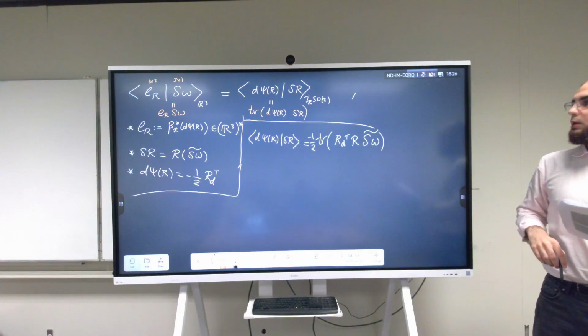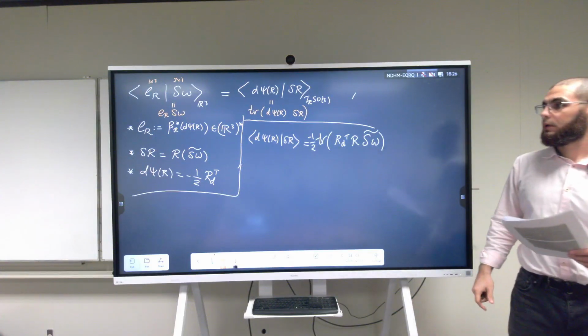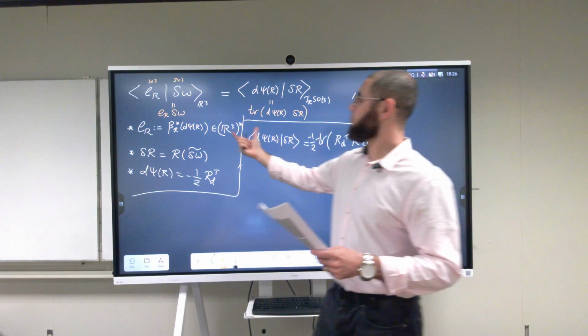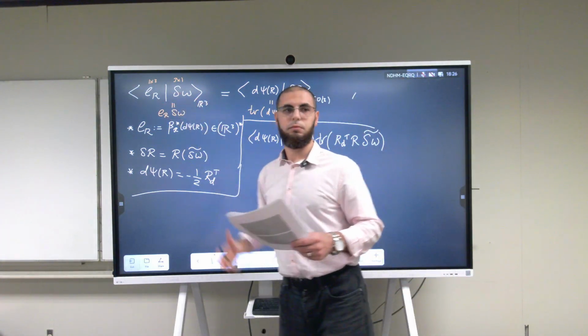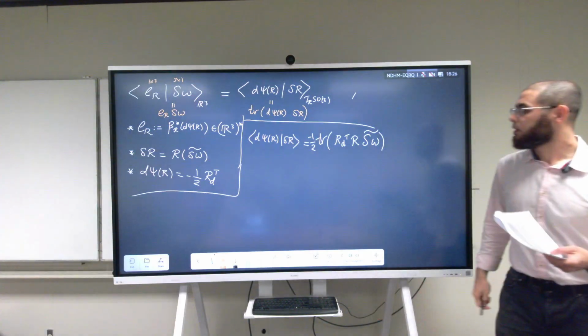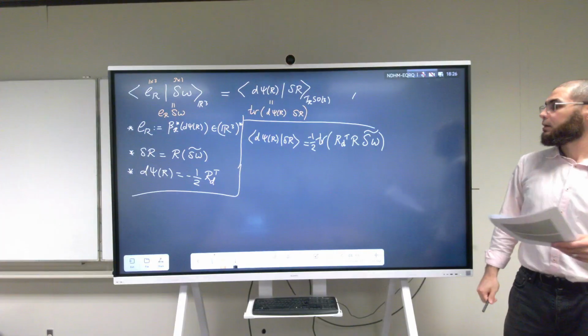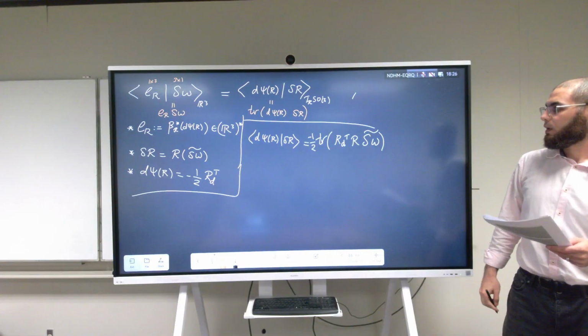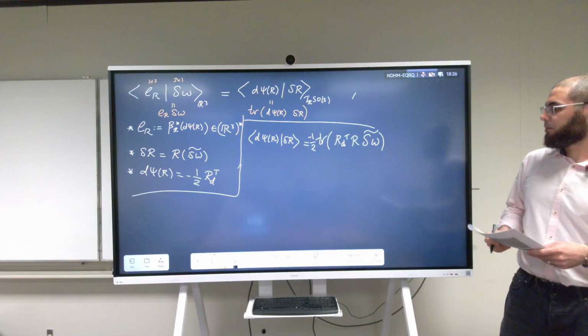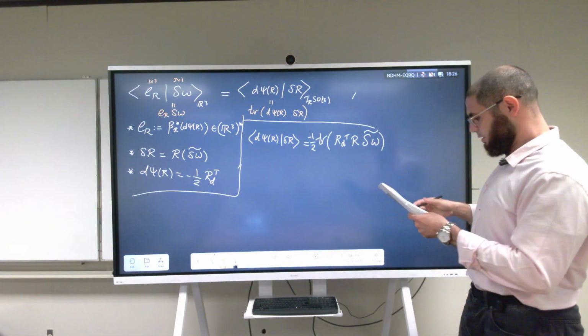Make sense? So this is written in tilde form, and this is written in vector form. Now there is an identity that we can use here. And this identity is simply, let's see.